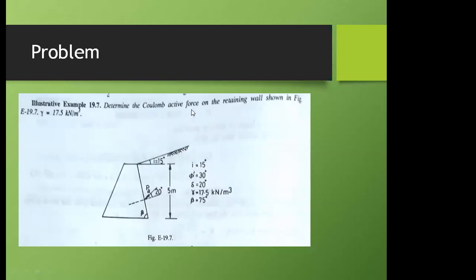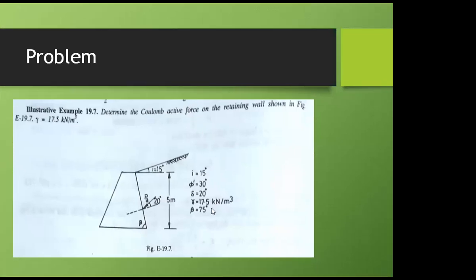Gamma equal to 17.5 kilonewton per meter cube. I equal to 15 degrees. Phi dash equals 30 degrees. Delta equals 20 degrees. Gamma equal to 17.5 kilonewton per meter cube. Beta equal to 75 degrees.